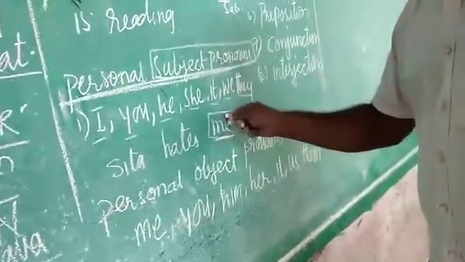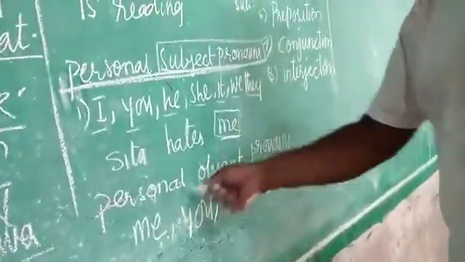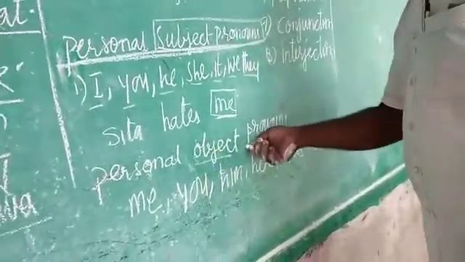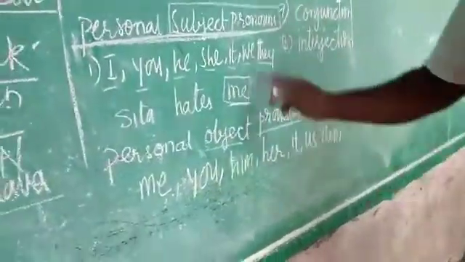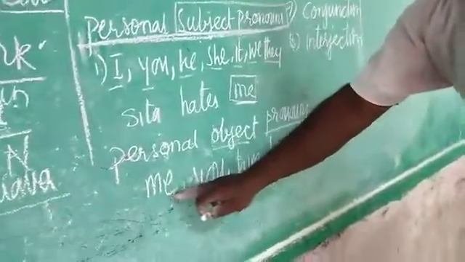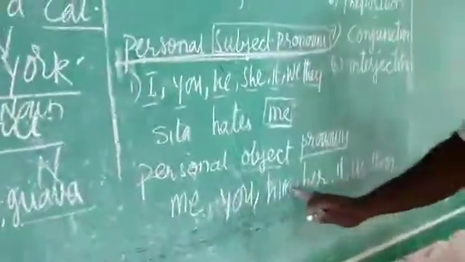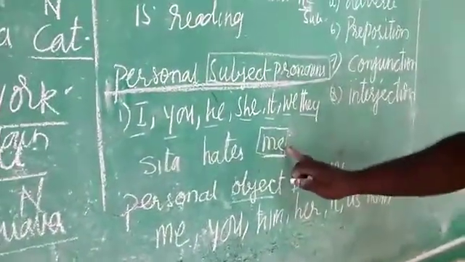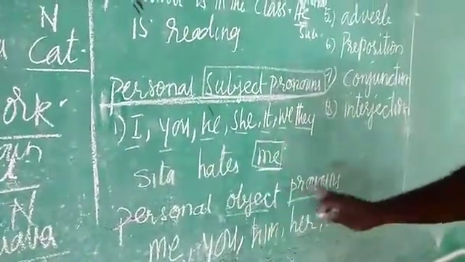So if you see a noun or a pronoun at the end of the sentence, it is called a personal object pronoun. We have some object pronouns: me, you, him, her, it, us, them.